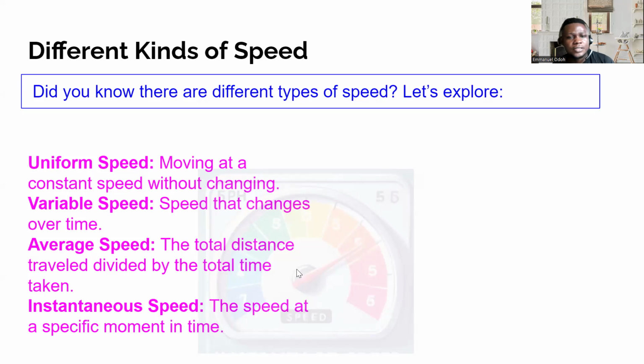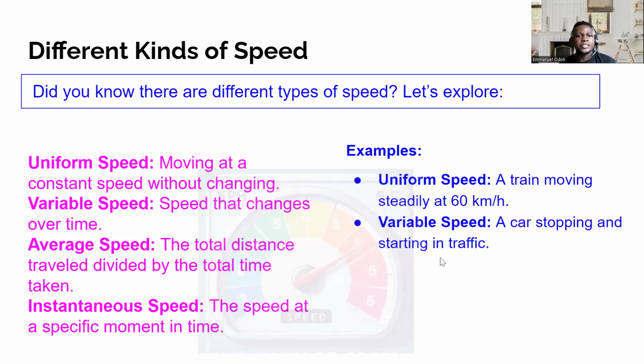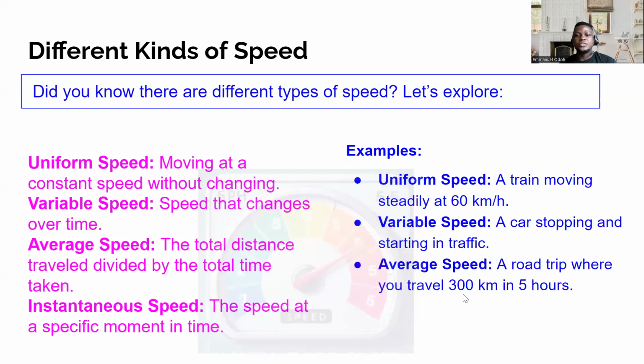And we have the instantaneous speed. The instantaneous speed is the speed at an instant in time, and that is what is being recorded by the speedometer in a car. So let's look at examples of these different types of speed. For uniform speed, we have a train moving steadily at 60 kilometers per hour. For variable speed, a car that is stopping and starting in traffic. Average speed is like a road trip where you travel 300 kilometers in 5 hours.